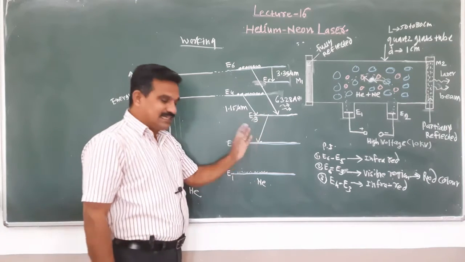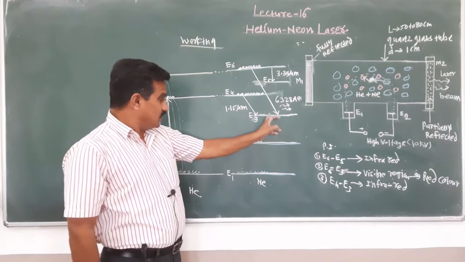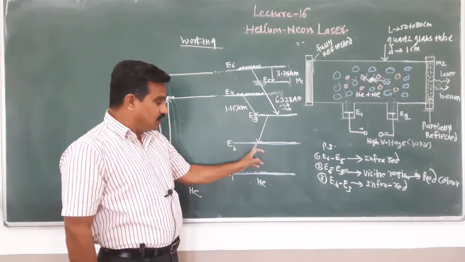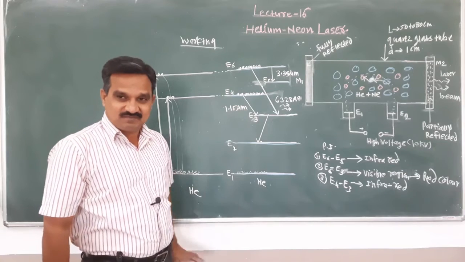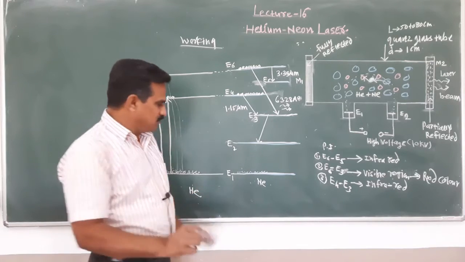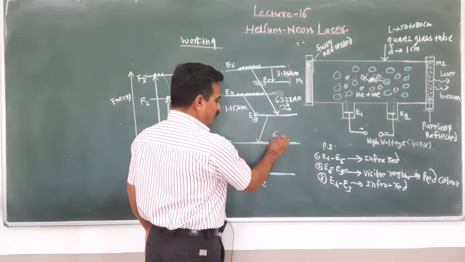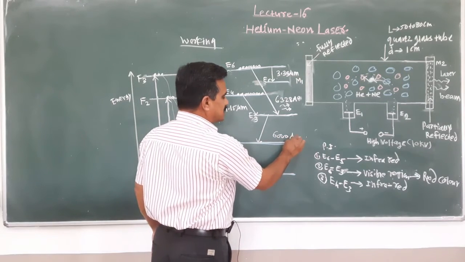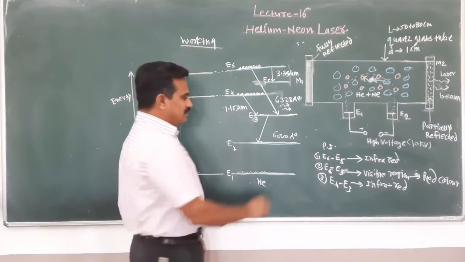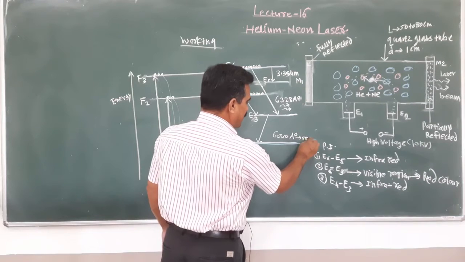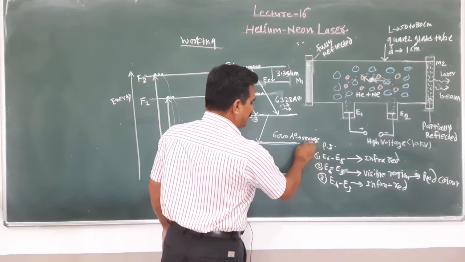When they decay quickly from E3 to E2, there is a spontaneous emission, and during that spontaneous emission photons are again emitted, of about 6000 angstrom, which corresponds to orange color.